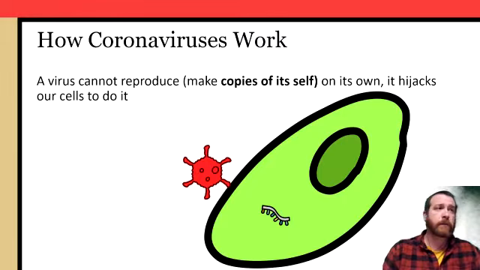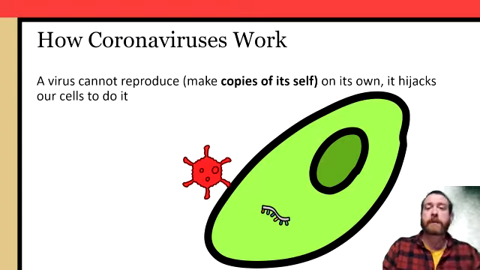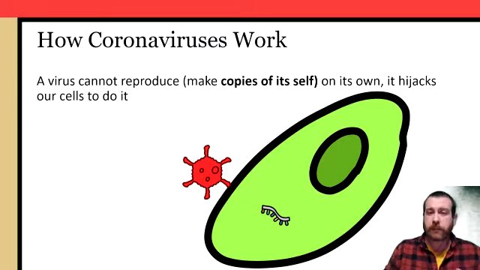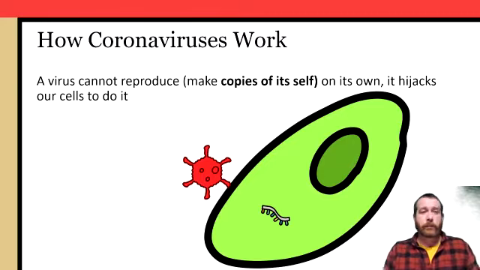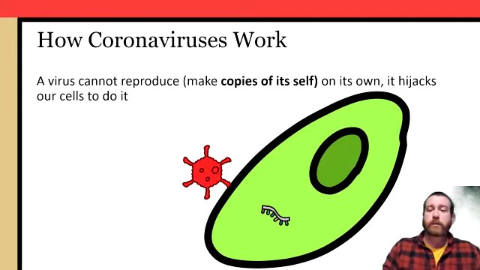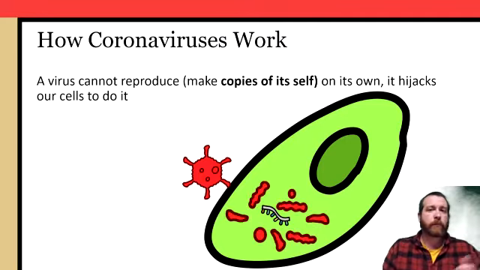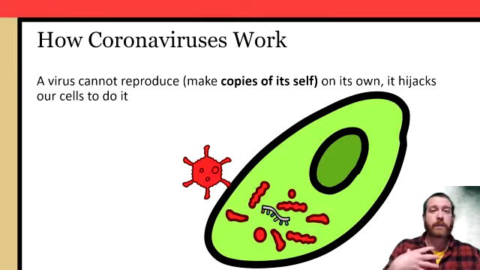And that viral RNA is then going to be picked up by the ribosomes in our cytosol, in our cell just floating around. And the RNA is an instruction to make a protein. So what do our ribosomes do when they find this viral RNA? They start making viral proteins. So our cells make these viral proteins because they received this list of instructions.